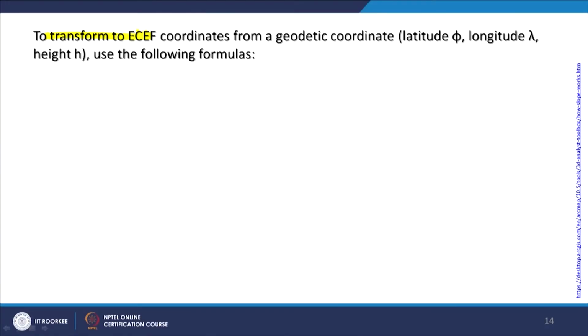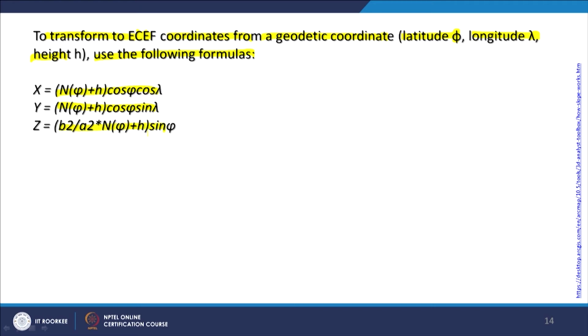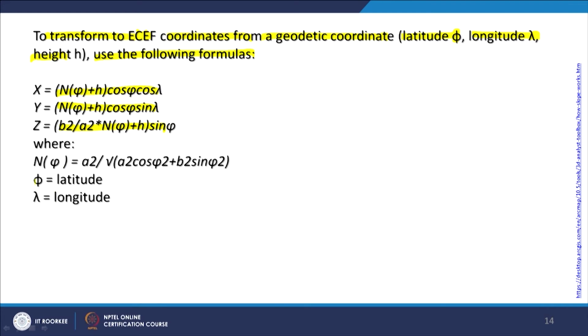So to transform our ECEF coordinate system to a geodetic coordinate system, that is in terms of latitude, longitude and height, the following formulae can be employed: one for x like this, for y like this, and of course for z like this. As you know, there are further details for latitude, longitude and heights.